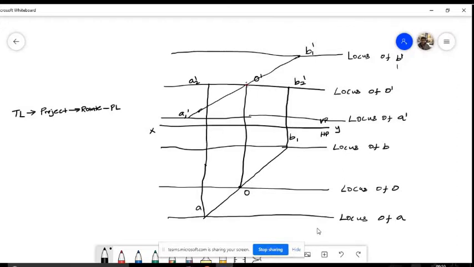So next step is, taking O dash as the center and B2 dash as the radius, you need to make an arc, something like this.